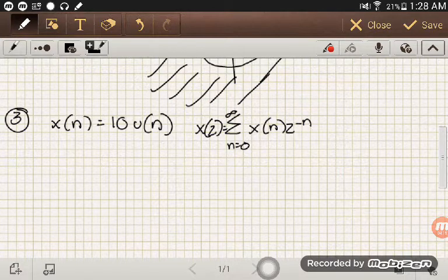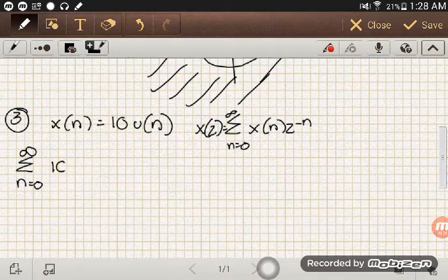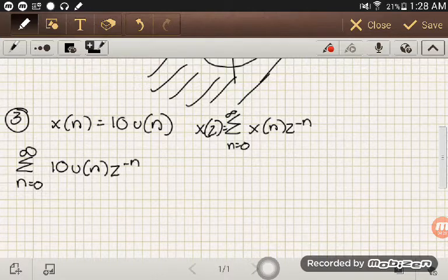So for your case, the Z transform is the summation of n equal to 0 to positive infinity of your x(n), which is 10 u(n), times z^(-n).